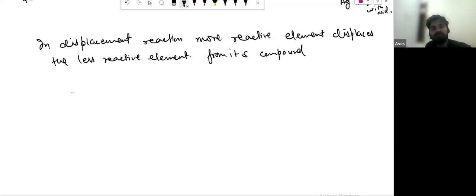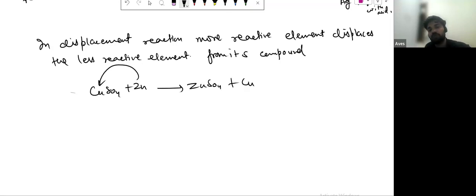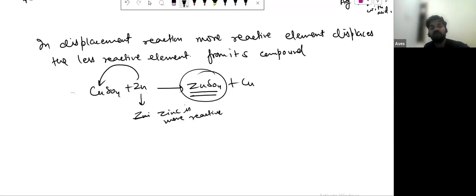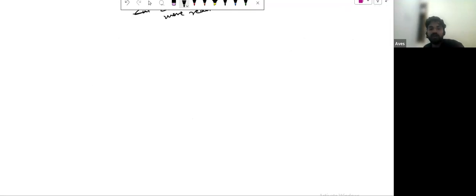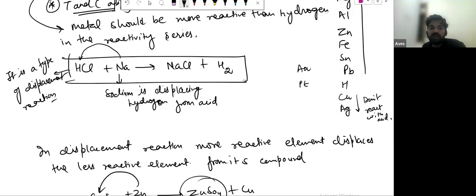For example, if I put zinc in copper sulfate solution, zinc will displace copper and form ZnSO4 plus Cu. So zinc is more reactive. In a similar way, here sodium is more reactive than hydrogen, so it will displace the hydrogen from the acid and will form sodium chloride.